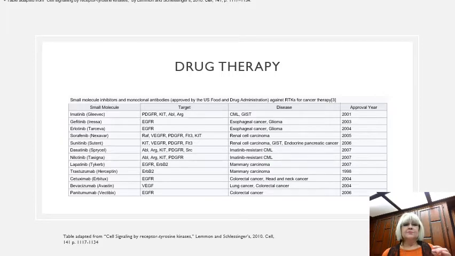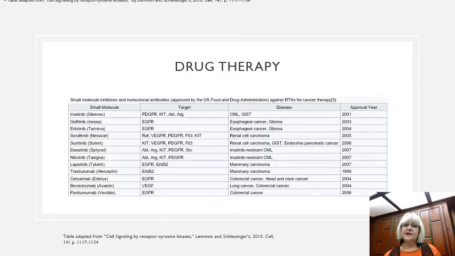Okay, our RTKs have become an attractive target for drug therapy due to their implication in a variety of cellular abnormalities such as cancer, degenerative diseases, and cardiovascular diseases. The United States Food and Drug Administration, FDA, has approved several anti-cancer drugs targeting the activated RTKs.